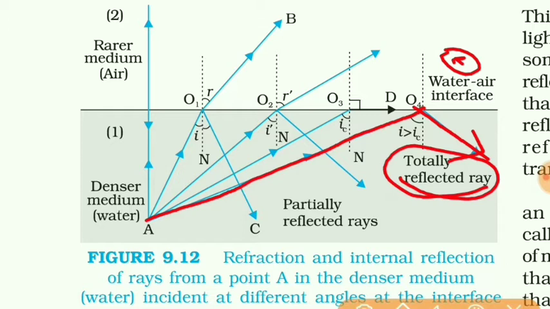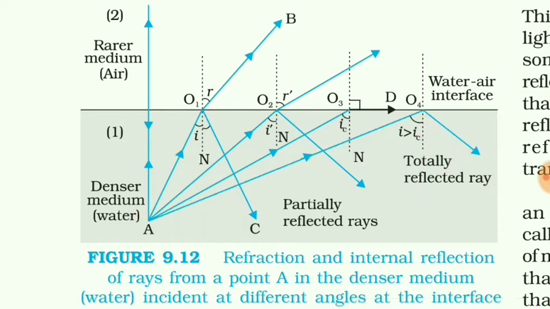When does it happen? When the angle made by the incident ray with the normal is greater than the critical angle. In that case, the ray will not emerge out. That means it will not move into the second medium. It will be totally reflected back. So this is about total internal reflection.